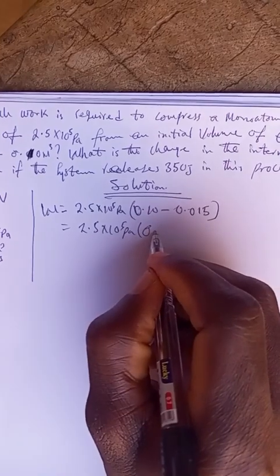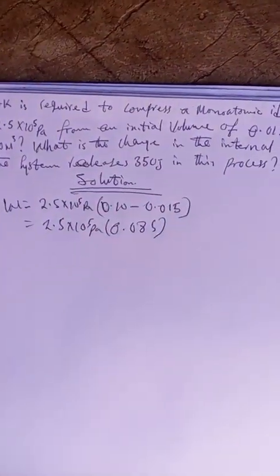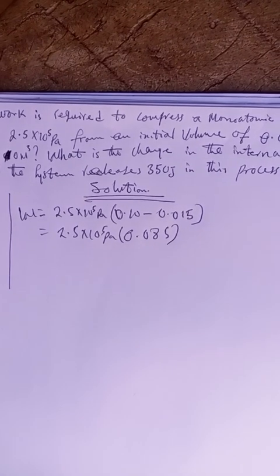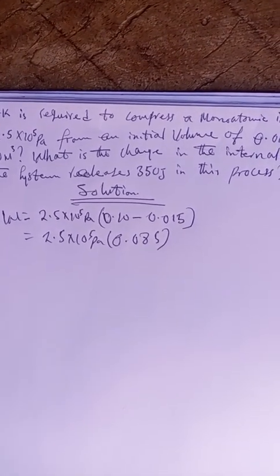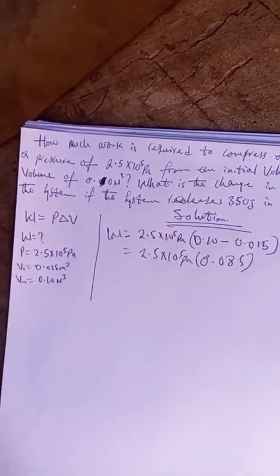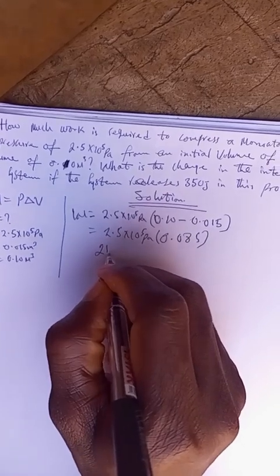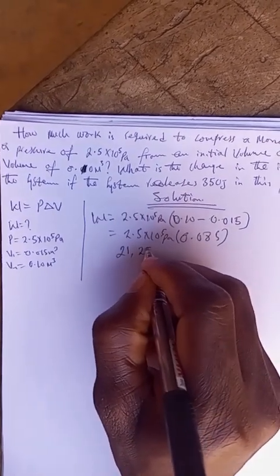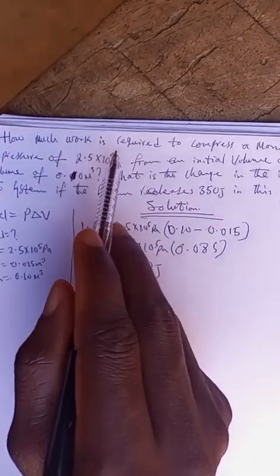The answer of this one is 0.85. So now multiply that one by 2.5 × 10^5, and this will give you about 21,250 joules.